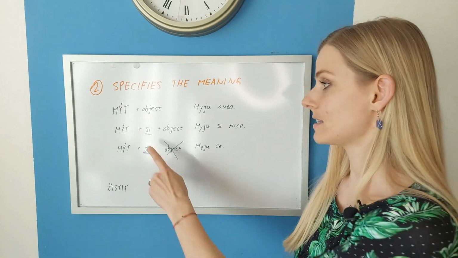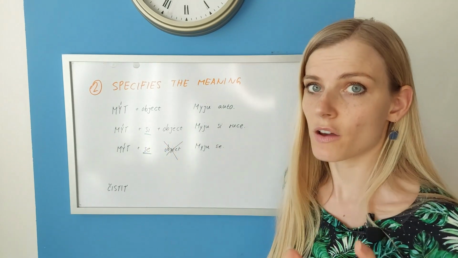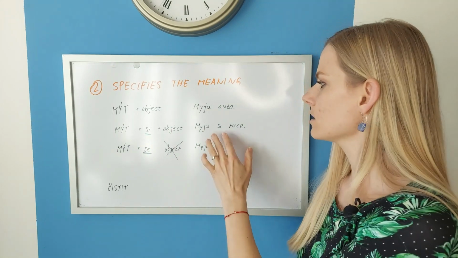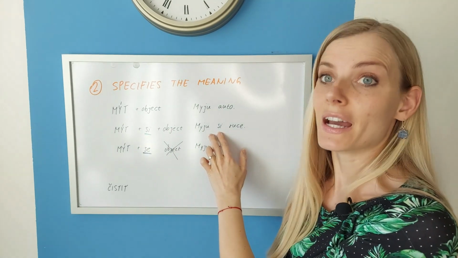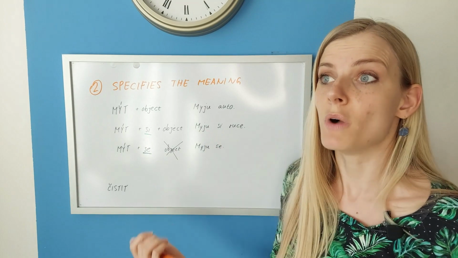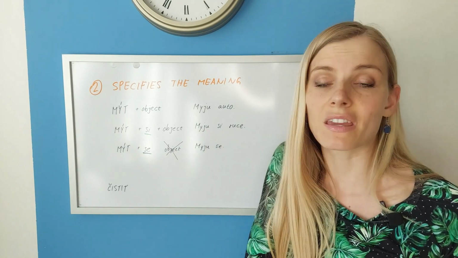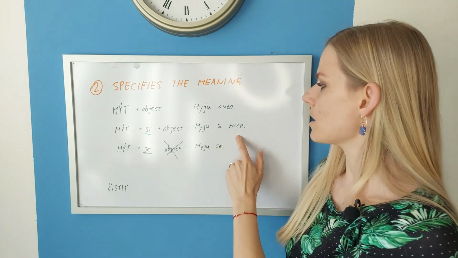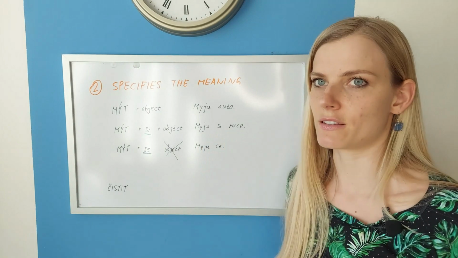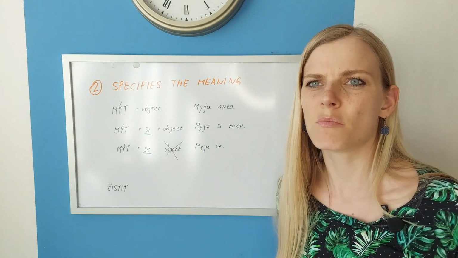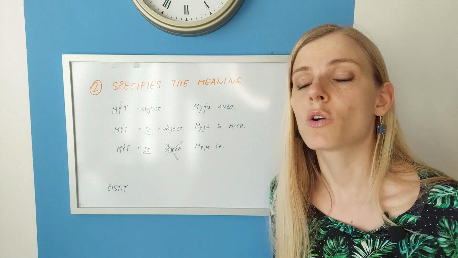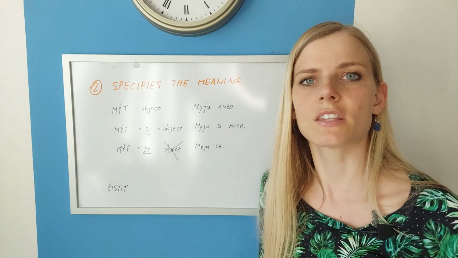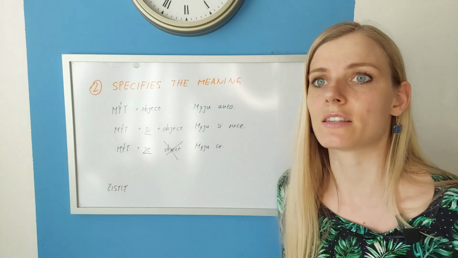However, if I add si and I still have to use an object, this means it's mine, or whatever I am washing is my body part or my possession. Myju si ruce. I'm washing my hands. In Czech, we don't say myju si moje ruce or myju moje ruce because that's not how we form the sentences.